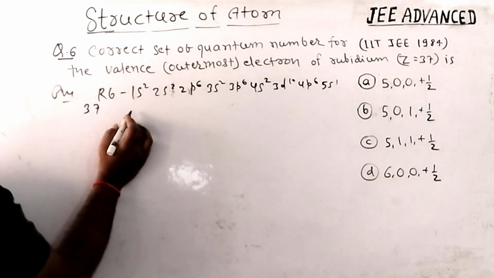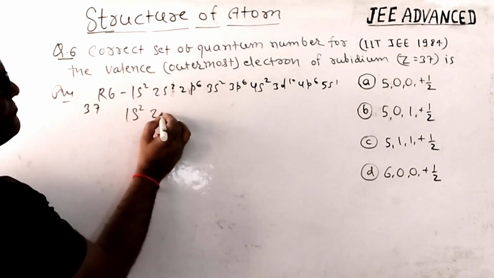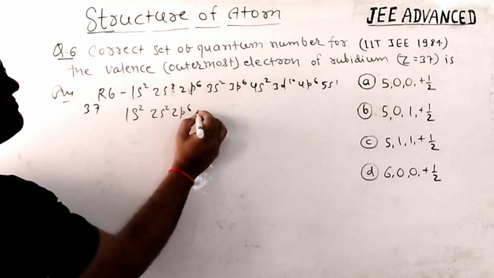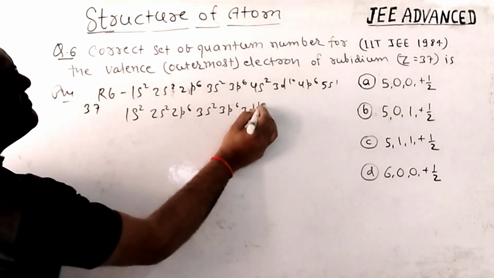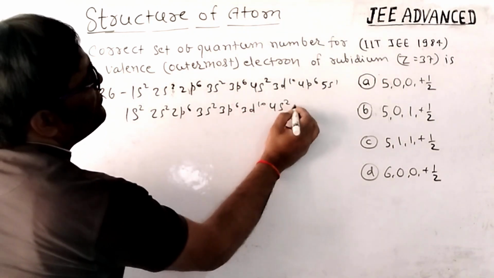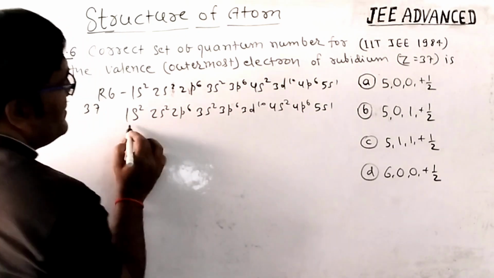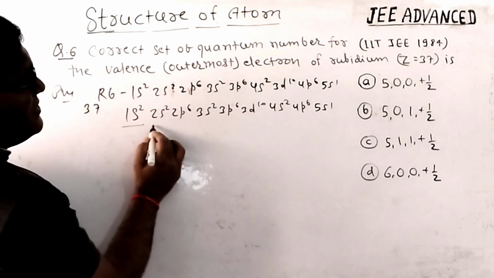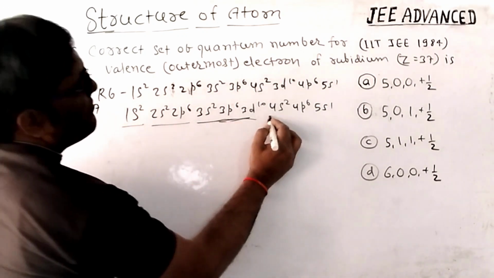After arrangement, we can write the electronic configuration as 1s2, 2s2, 2p6, 3s2, 3p6, 3d10, 4s2, 4p6 and 5s1. This is the first shell, second, third, fourth and fifth.